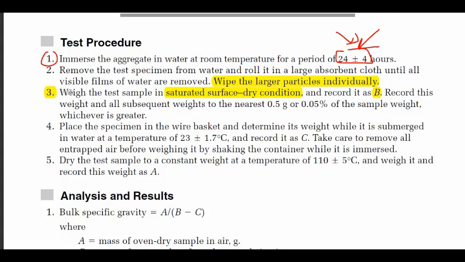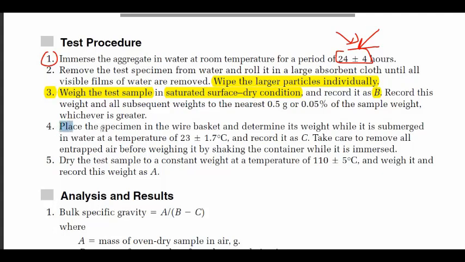So here, step number 3, we're going to weigh the test sample in a saturated surface dry condition. After making step number 2, we reach the saturated surface dry condition and record it as B.